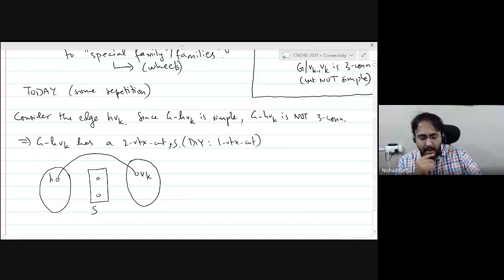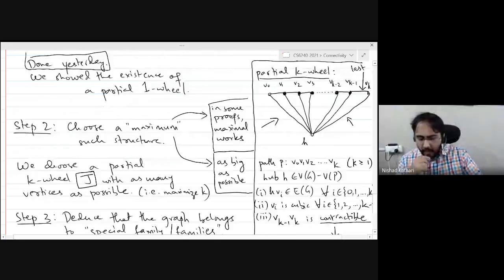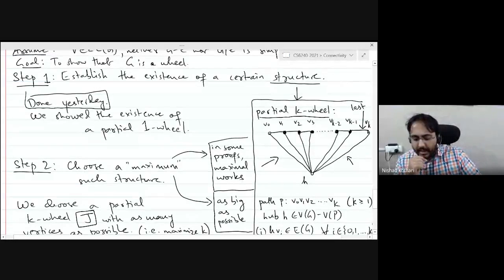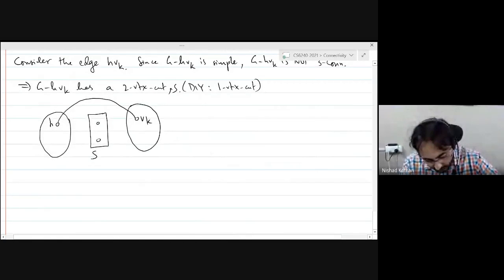Now H and VK have a common neighbor. If you go back to our drawing of the partial K wheel, H and VK have a common neighbor, VK minus 1. So where is that common neighbor? Well, it has to be in the set S, right? The only way they can have a common neighbor is if that common neighbor belongs to the set S. So VK minus 1 is here.